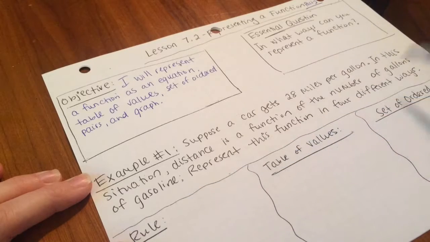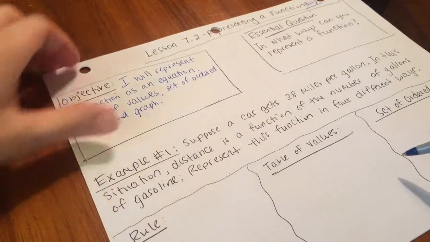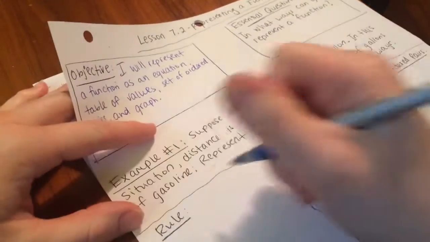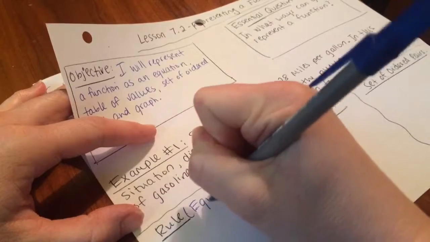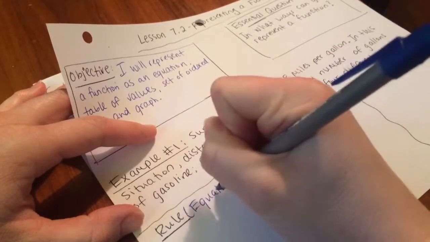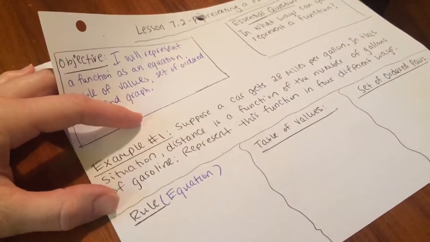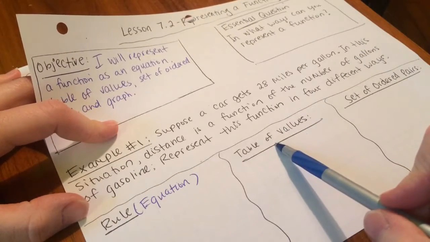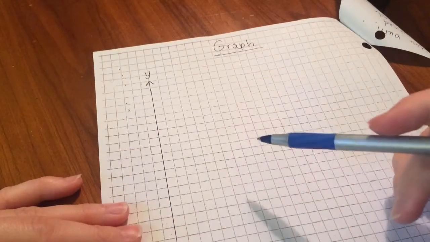Represent this function in 4 different ways. Okay, and here, just like our objective, we have the rule, which is the equation, the table of values, the set of ordered pairs, and then on the back we're going to do the graph.